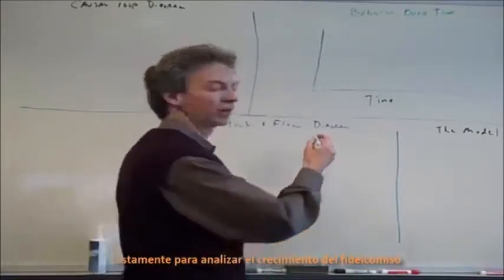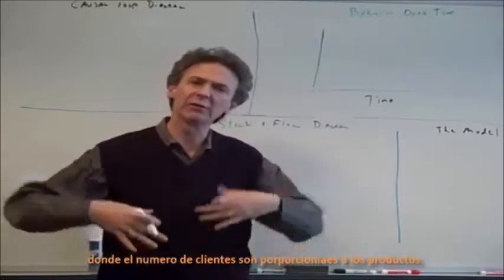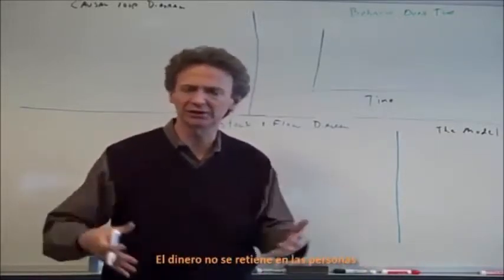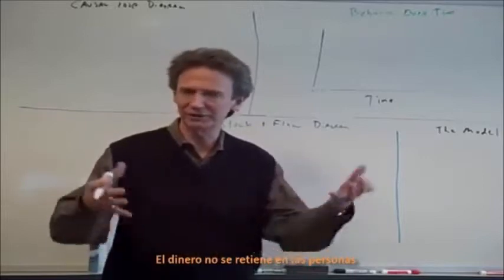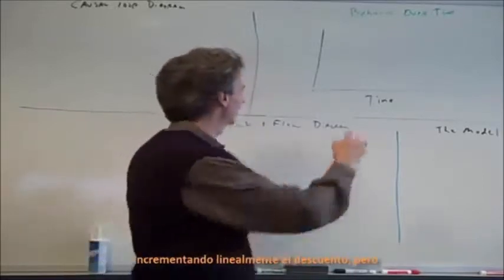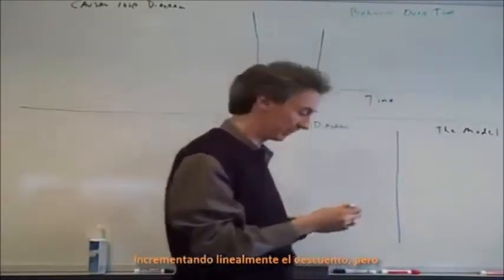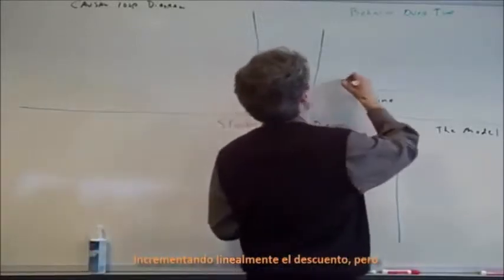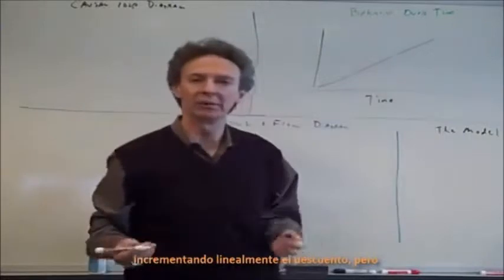So when we think of growth, growth in number of customers or revenue or products or software bugs or those sorts of things, we usually just think of a line going up.